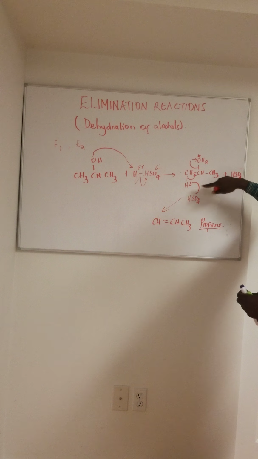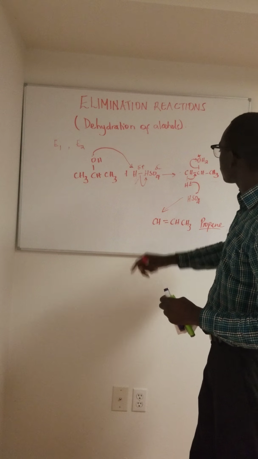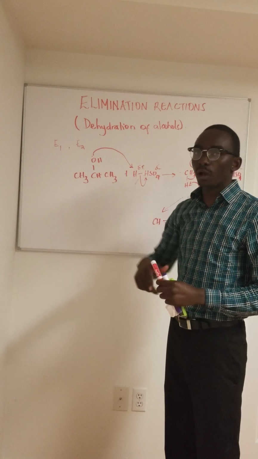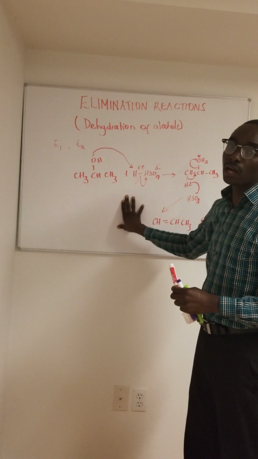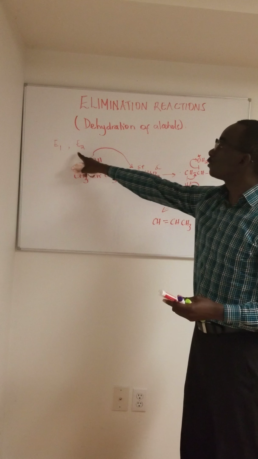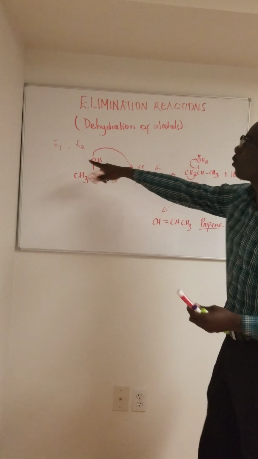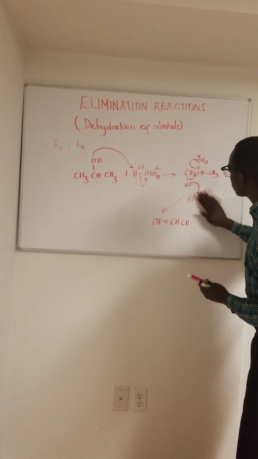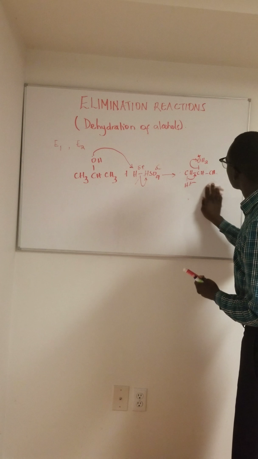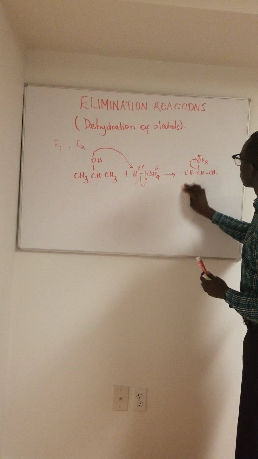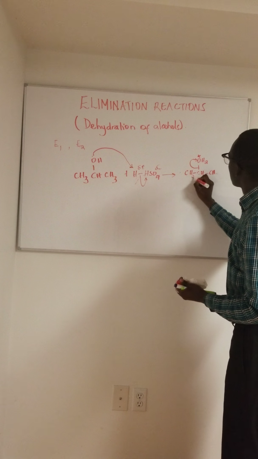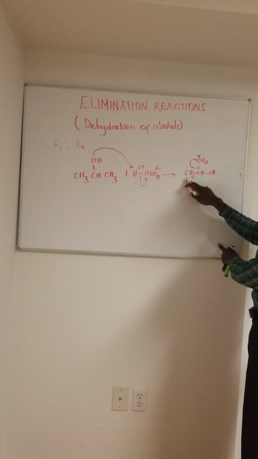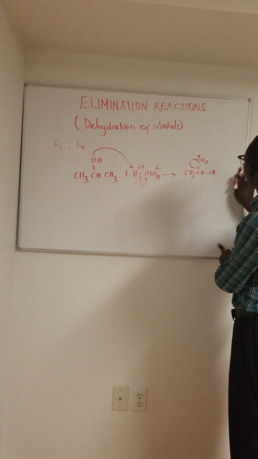We know that secondary alcohols can undergo either E2 or E1. This is how a secondary alcohol can react with an E2 type of mechanism. In E1, this is where they would differ. In E1, this water molecule breaks off before this hydrogen is taken away by the hydrogen sulfate.